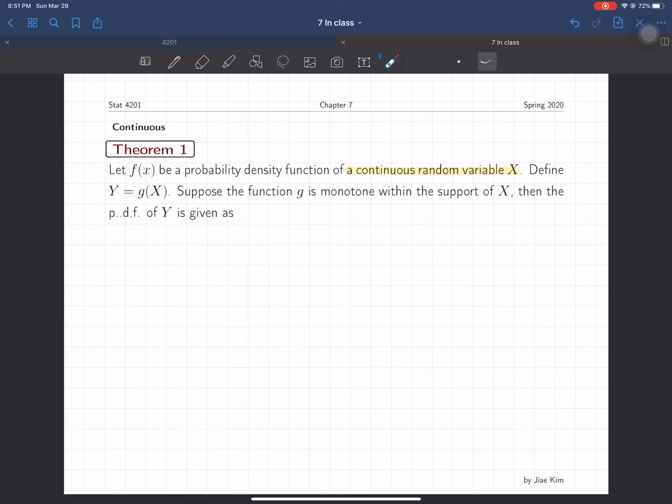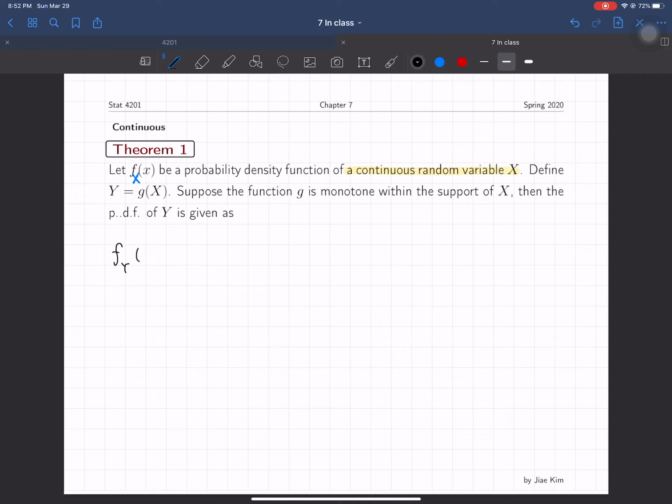The PDF of new random variable y is given as follows. I'm going to denote the PDF of y as f sub y. So maybe it's better to put f sub, the subscript capital X, for the PDF of x.